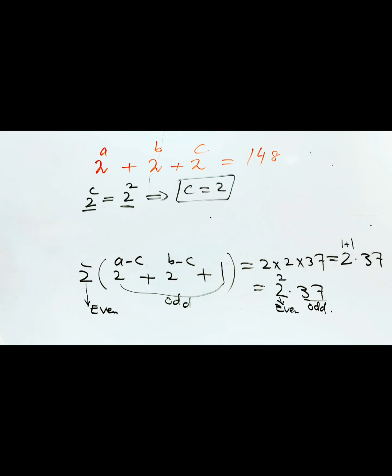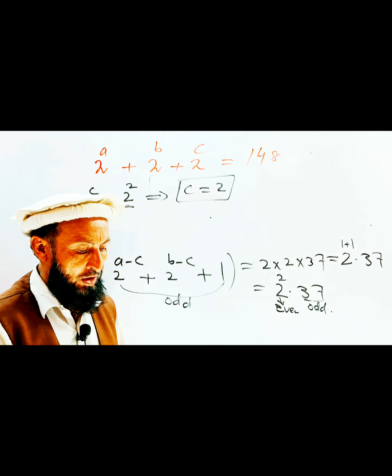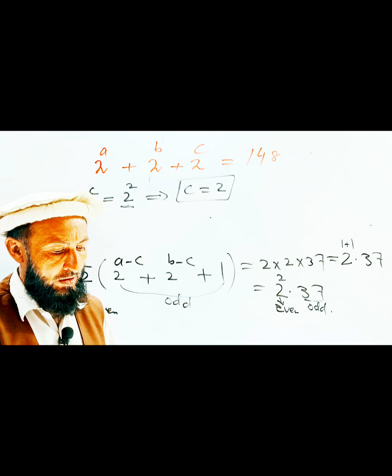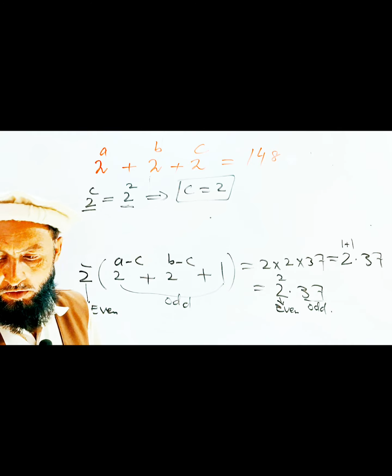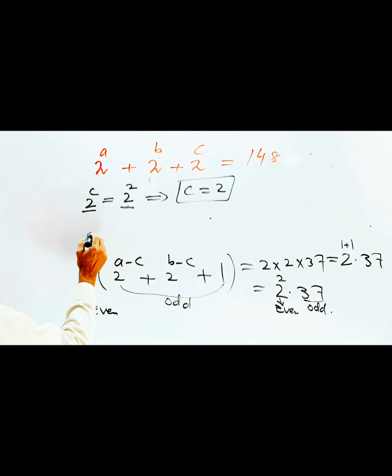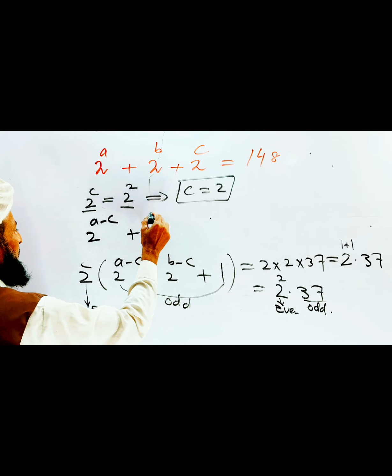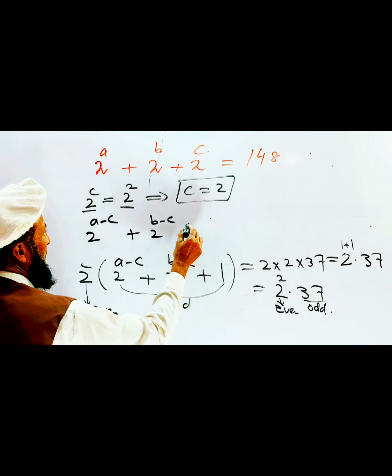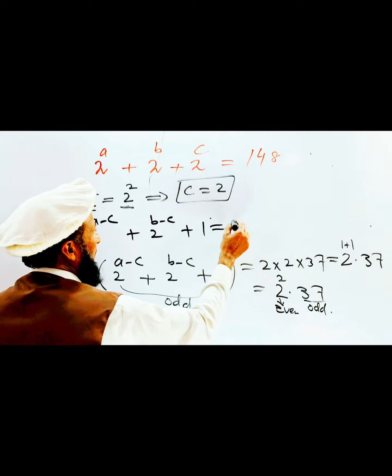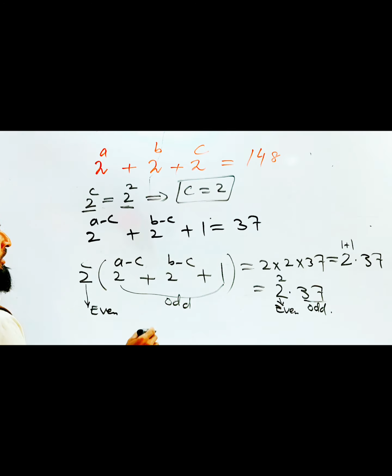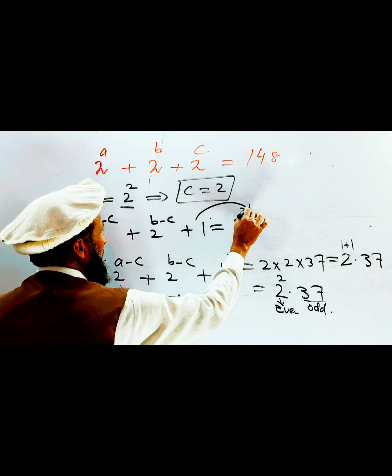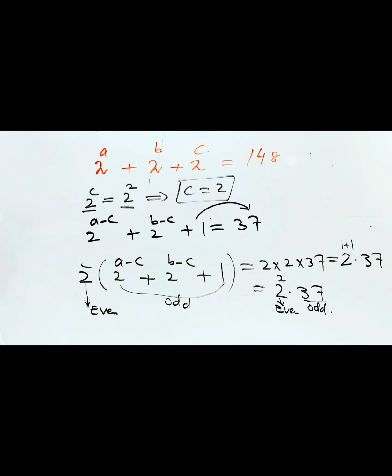Now similarly, we compare the odd number with the odd number, so 2 exponent of a minus c plus 2 exponent of b minus c plus 1 is equal to 37. Now we transfer 1 to the right side, and its sign is also changed.